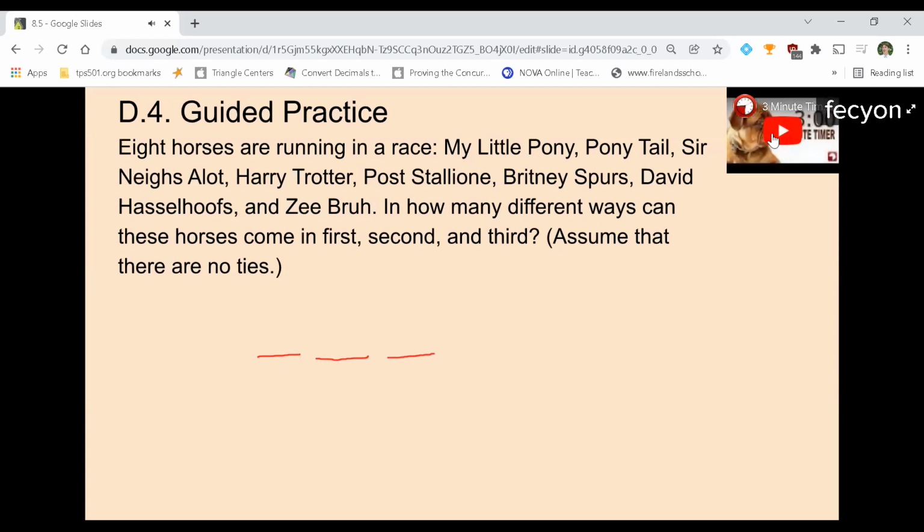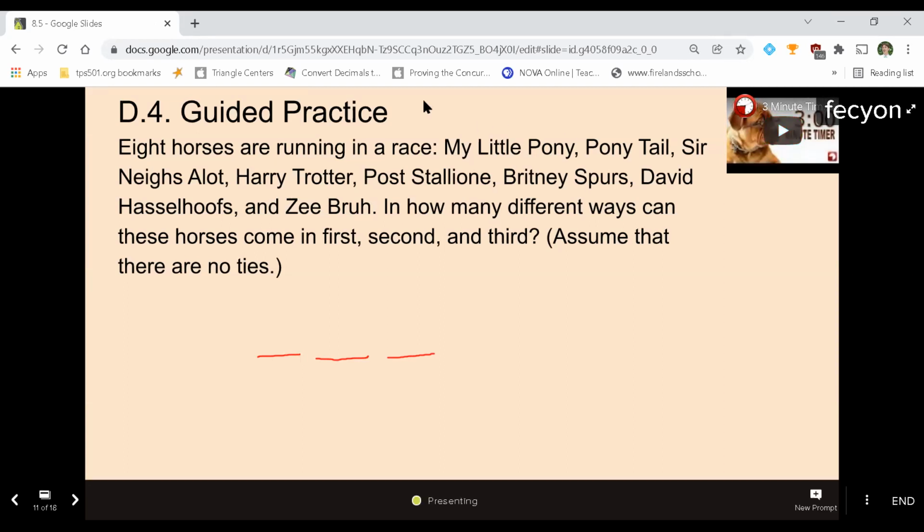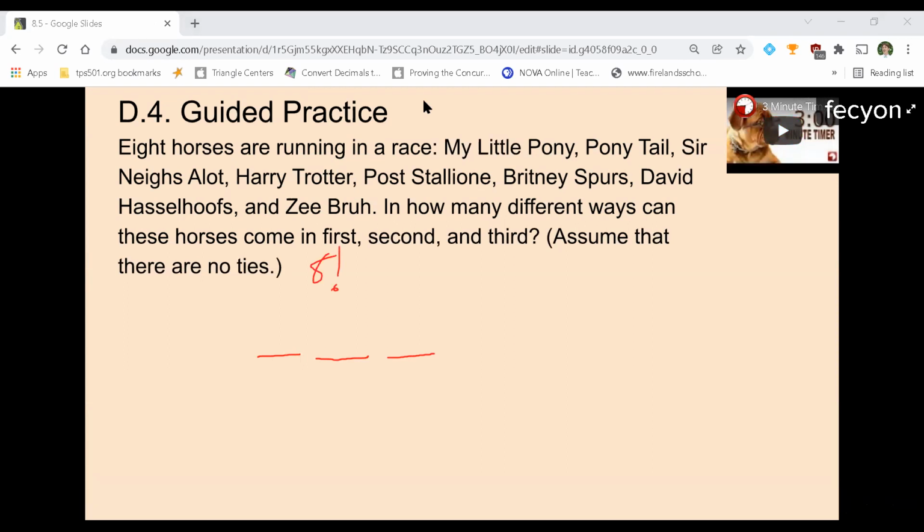Okay, so again, what we just learned is the total possible different ways this race could end is 8 factorial. I have 8 horses that need to be ordered from first to last. But all I care about is how many ways could it come in first, second, or third. So how many choices do I have for first place?